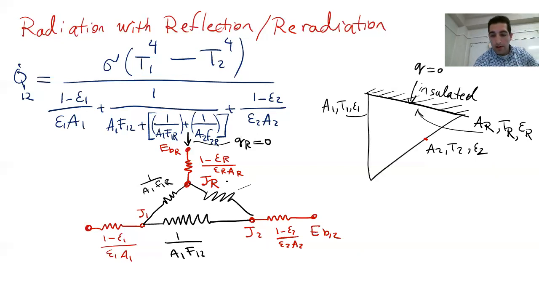Or bottom line is that for this case, because it's re-radiating, we can show that the radiosity of this is equal to EBR, almost like a black body assumption.